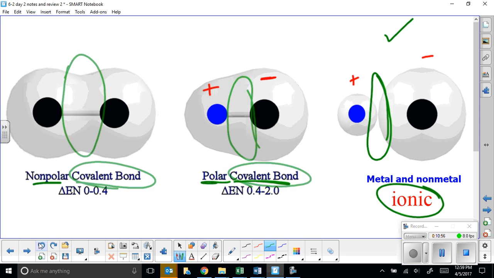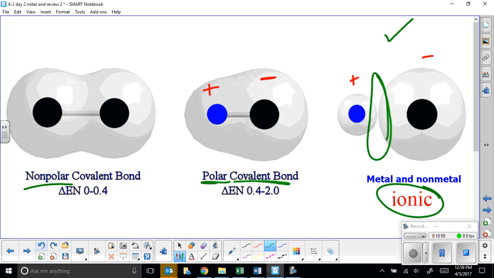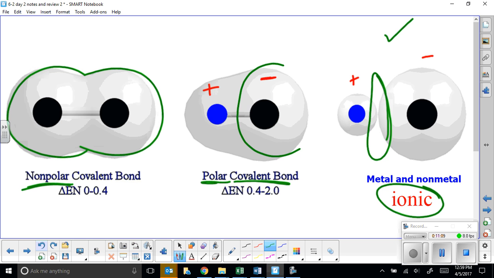And if we take a look specifically at nonpolar, nonpolar means it's shared evenly. So you can see these electron clouds here are about the same on both sides. And then if we have a polar one, this electron cloud is bigger than this electron cloud. But they are sharing here in the middle. And those are the electrons that are being shared. And they show this with the bond here, and we've been showing this with two dots that make up that bond. So that just is a visual showing you what you have.